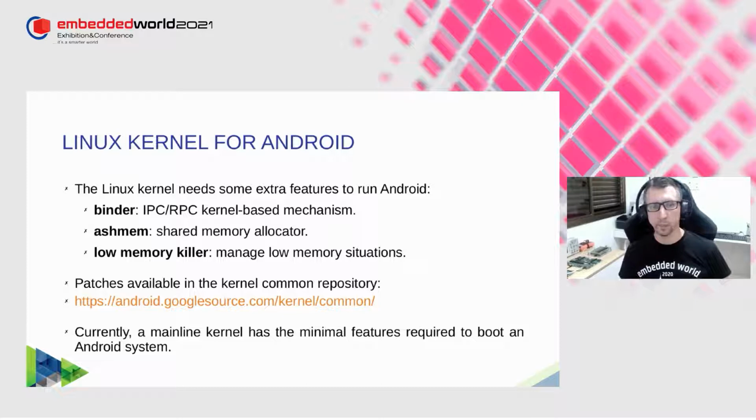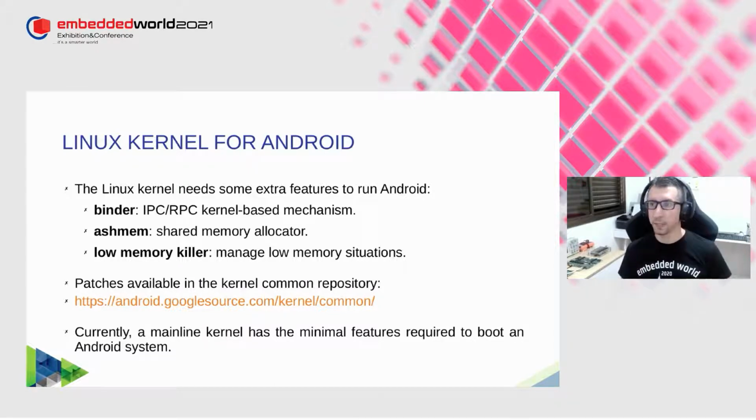But you need some extra components. We could have a full presentation on what the changes in the Linux kernel are to run Android, but I can mention a few. For example, binder. Binder is basically the mechanism to do inter-process communication in Android.